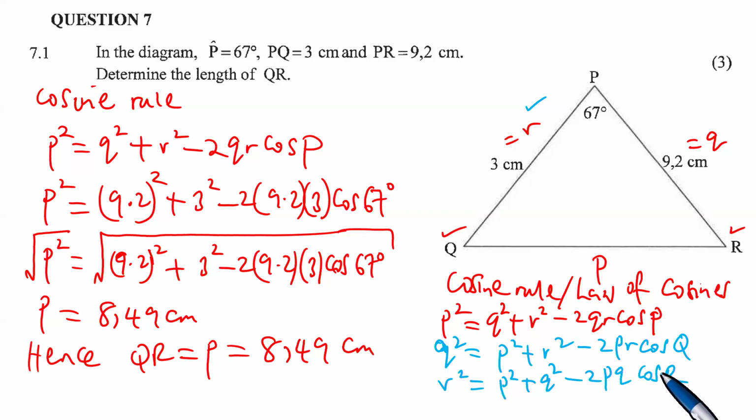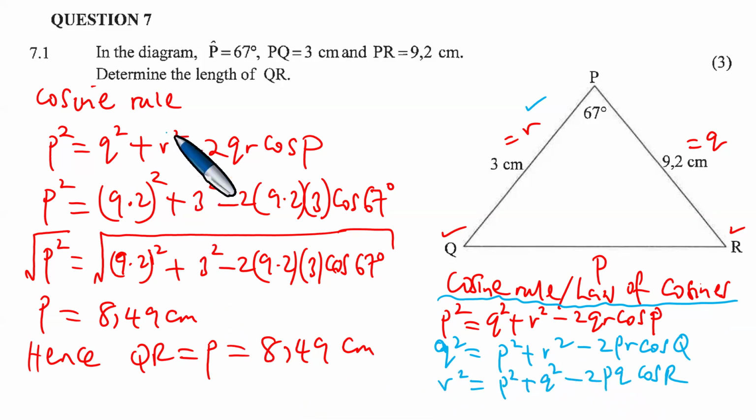So the cosine rule, or law of cosines, can be stated in these particular forms. From these forms, we can solve and make something the subject of the equation.